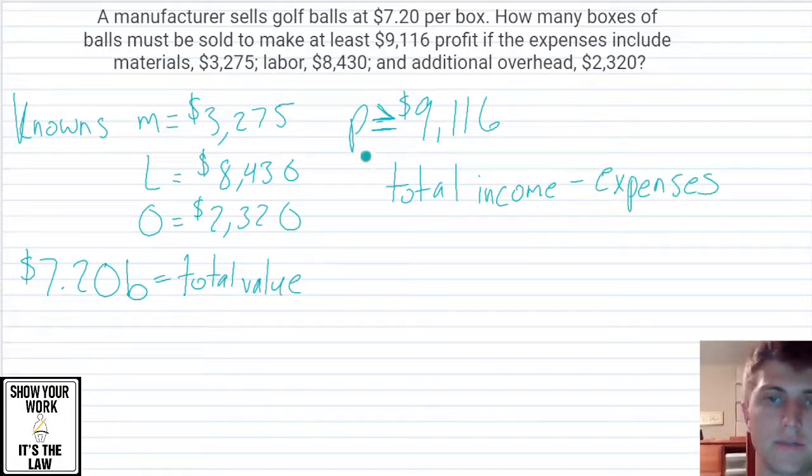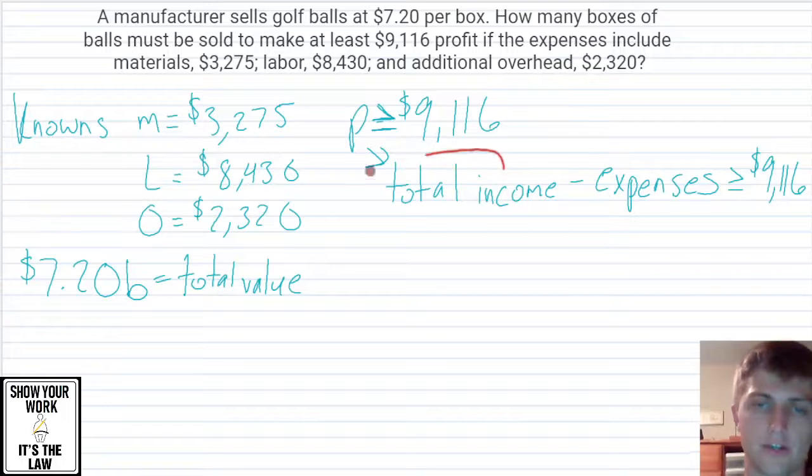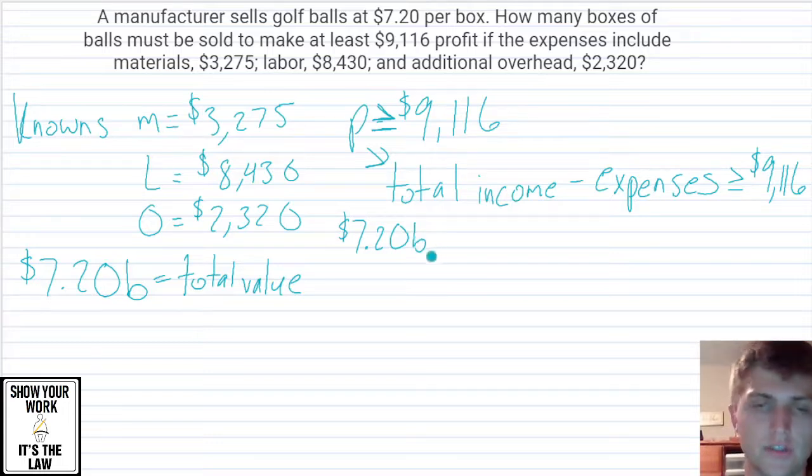So we just substituted our P here, and it's still greater than or equal to 9,116. Great. Total income, that's our total income from selling boxes, which is just our total value. These two are one and the same right now, so that's going to equal $7.20 for every box sold. That's going to be our total income.